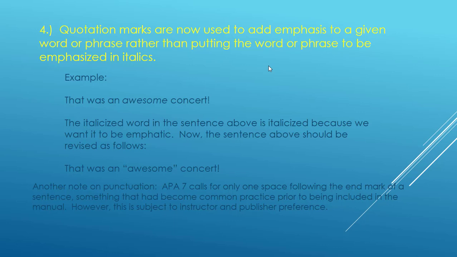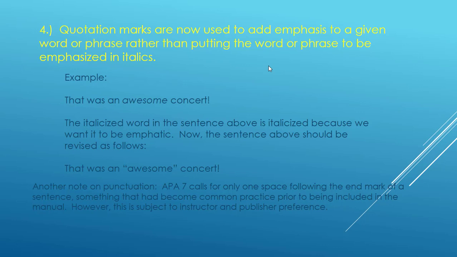Another note I'm going to list here regarding APA 7 relates to one space following the end mark of a sentence. This has become pretty widespread and common practice as we neared the end of the life of APA 6, but it is now specified within APA 7 as being the quote-unquote rule, one space following the end mark of a sentence.